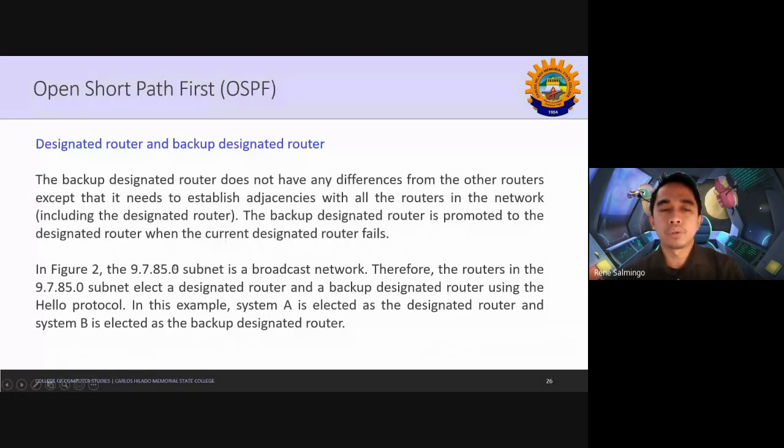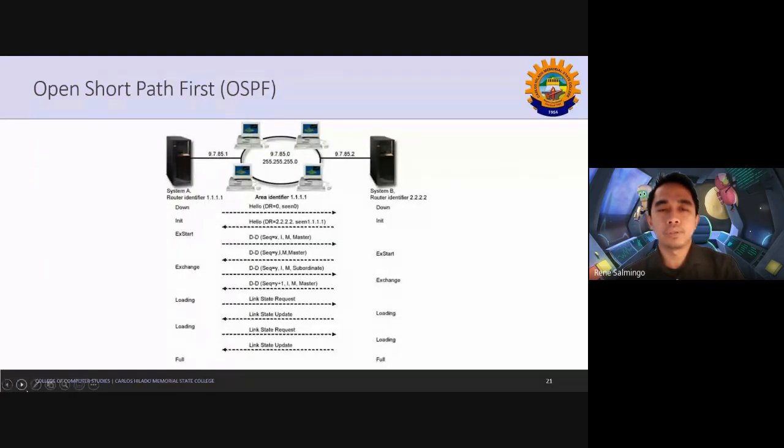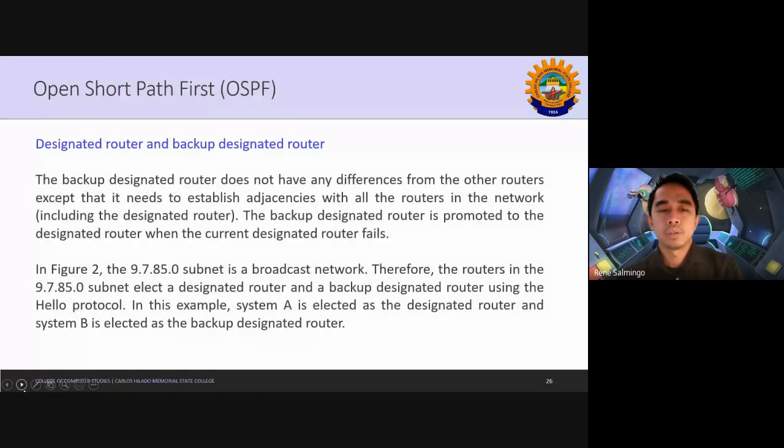So therefore, routers in this example, on the previous image, we have this example. This example uses a broadcast network, and the routers elect the designated router and backup designated router using a hello protocol.